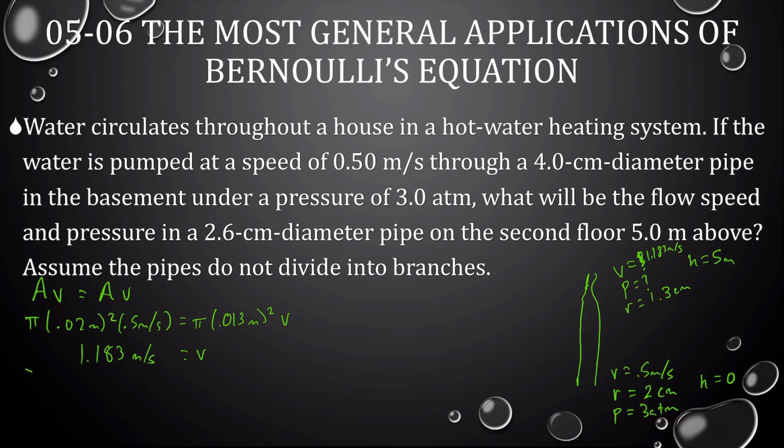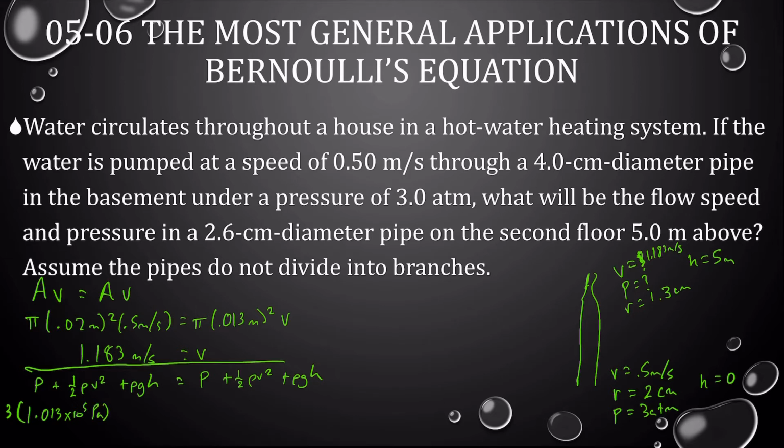All right, now to find the pressure, we use Bernoulli's equation. P plus 1/2 rho v squared plus rho g h equals P plus 1/2 rho v squared plus rho g h. So our pressure at the bottom is 3 atmospheres, so it would be 3 times 1.013 times 10 to the 5th pascals.